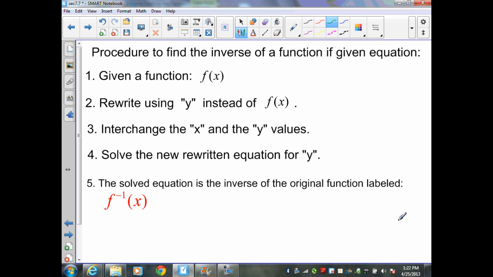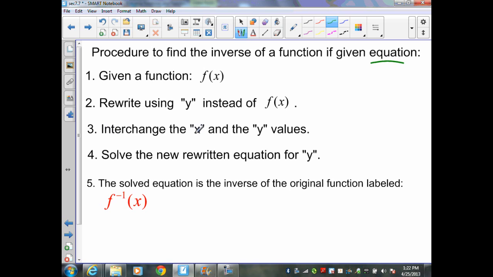On the previous slides, we found the inverses when I was given a table of ordered pairs, and all I did was flip the domain and the range, and that would create my inverse. Well, what if I'm given an equation? How do I find the inverse? Here's the procedure. If I'm given a function f, we want to rewrite it with y instead of f of x. Then I'll have an equation in terms of y and x.